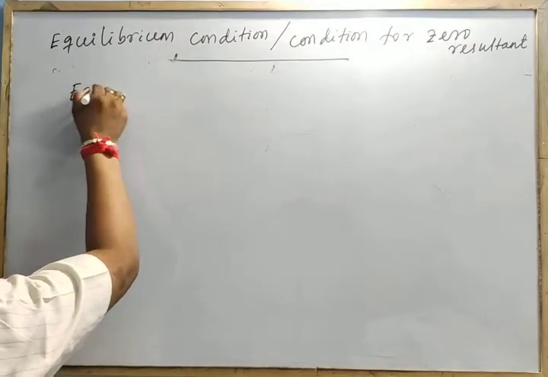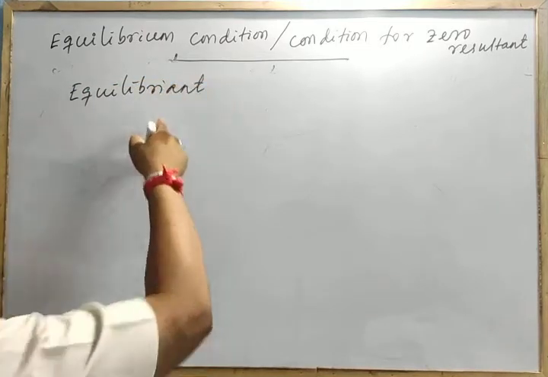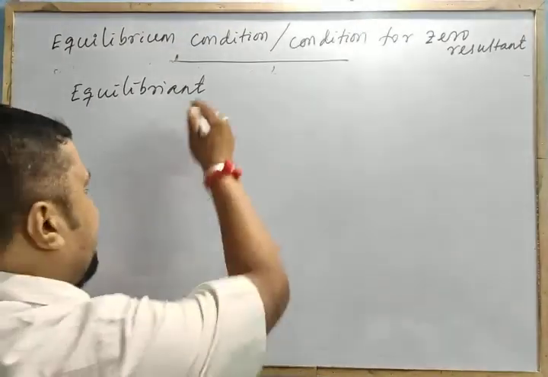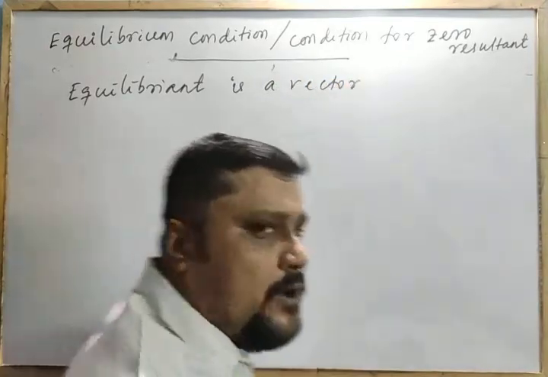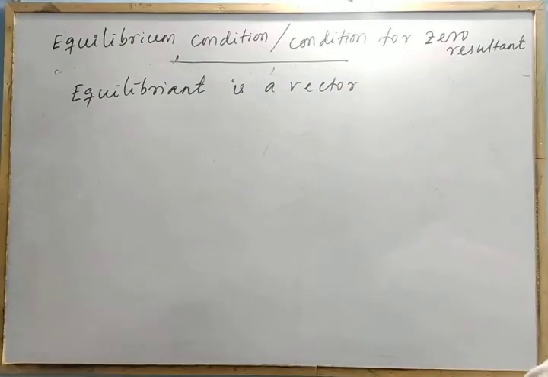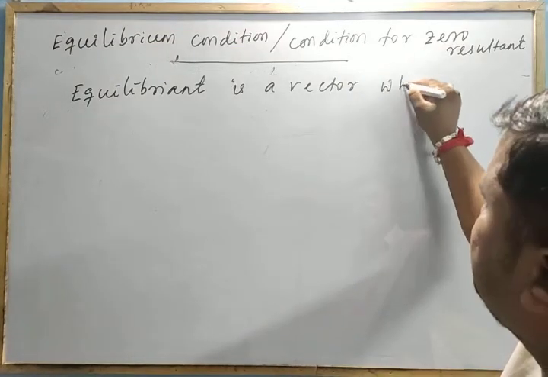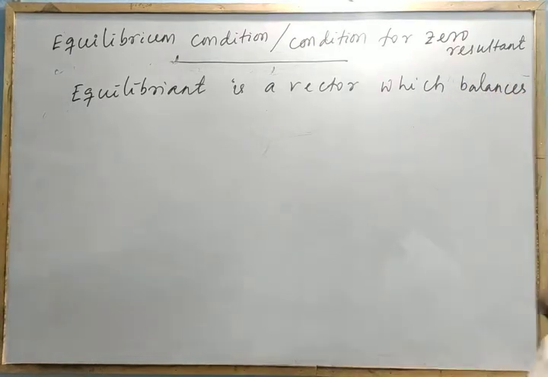Let me write this statement: an equilibrium vector is a vector which balances two or more than two vectors.